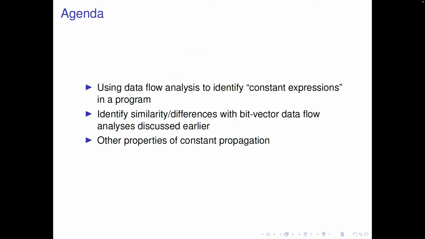So this is a data flow analysis which we will discuss. We'll continue from what we have done with respect to identifying constant expressions in a program. Not necessarily a variable is a constant, it could be an expression also. You might have x times y or x plus y, and you figure out both x and y are constant, in which case you can evaluate x plus y.